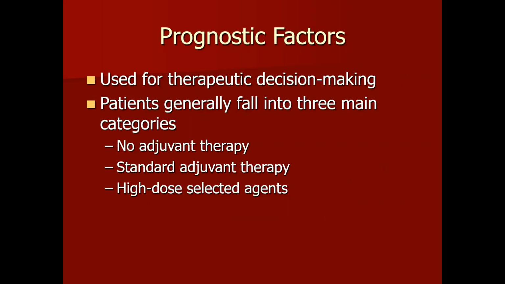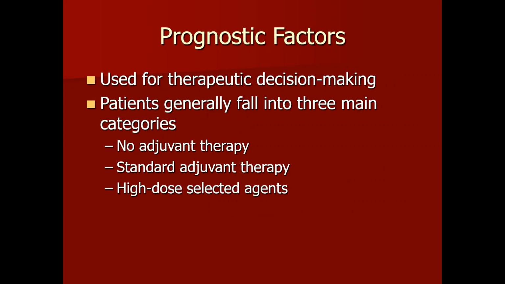All right, so let's start with the prognostic factors. Why do we care? Why do we present these? Because they're used for therapeutic decision-making. In breast cancer, as an example, there are traditionally 3 categories of patients as far as treatment is concerned, and maybe there are more nowadays.